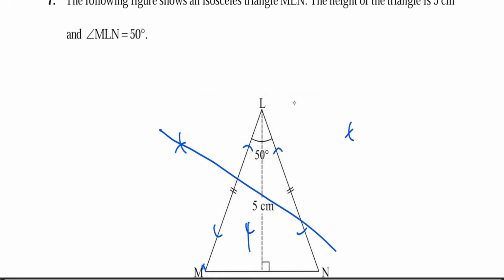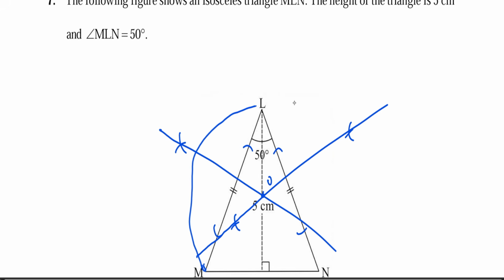I don't have the necessary tools, but all in all you will draw a perpendicular line somewhere. Maybe here, maybe there, I'm not sure, I'm just guessing. But I'll show you the answer itself. So again, a perpendicular line maybe up to here. So this is your center O, which you'd use to draw a circle.